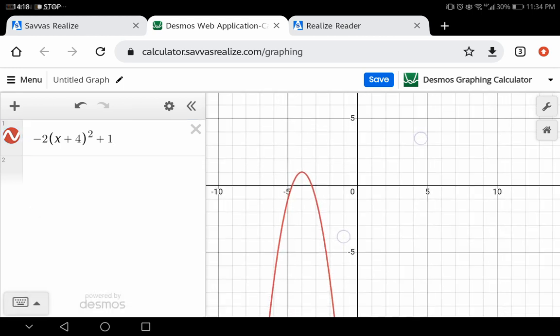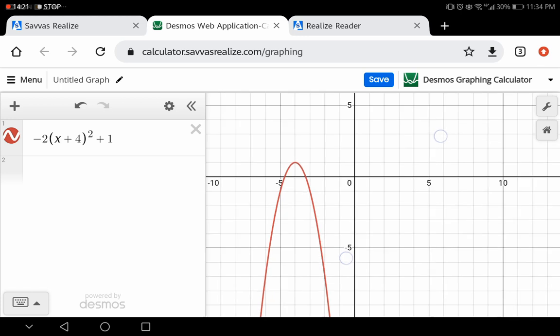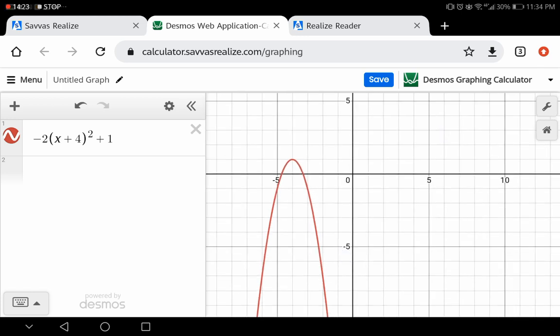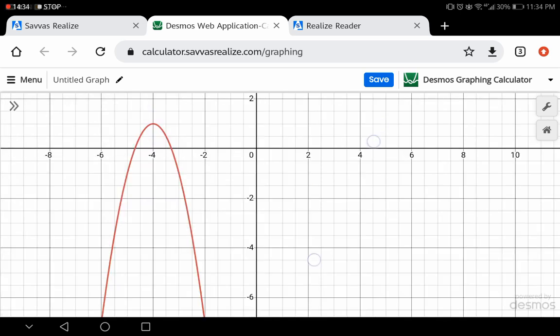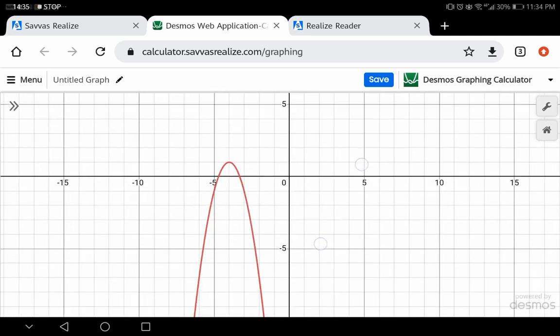See, it is moved 4 steps to the left. Are you happy with that?